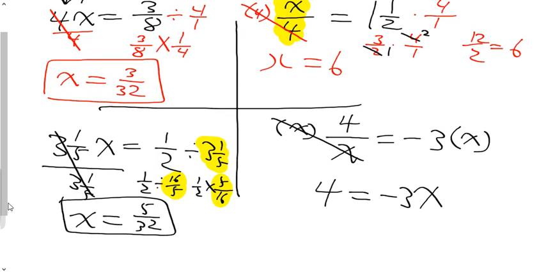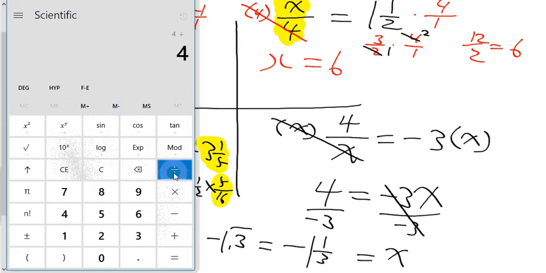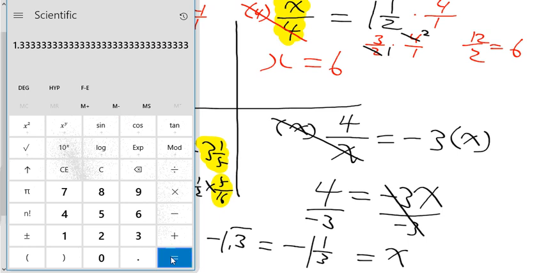So now I have isolated the variable onto the different side, but it still has a whole number coefficient. And I'm simply going to divide both sides by negative 3. And x will equal negative 1 1/3. Or if you want, negative 1.3 repeating. Right? I can take 4 and divide it by 3 in a calculator. It's going to give me 1.3 repeating.